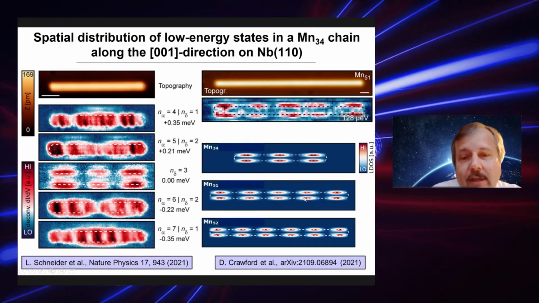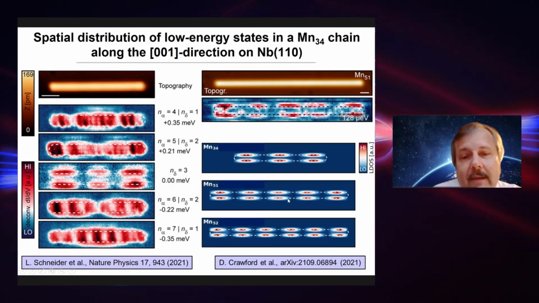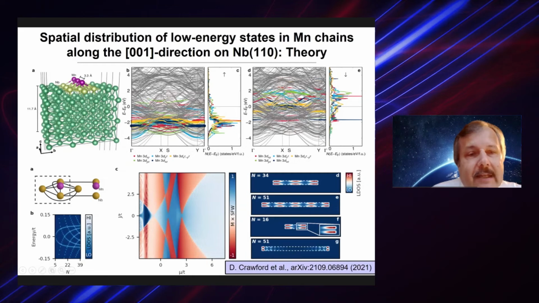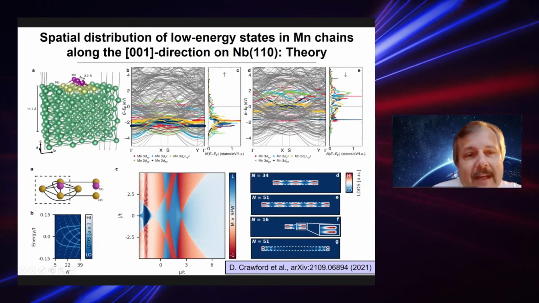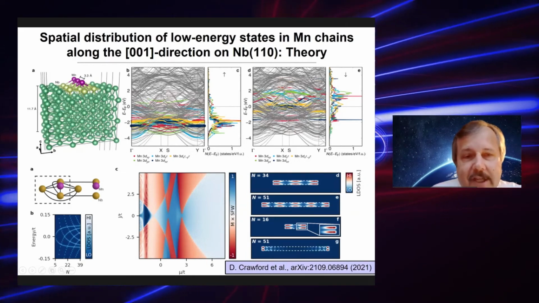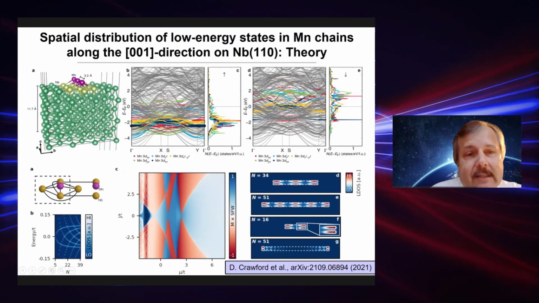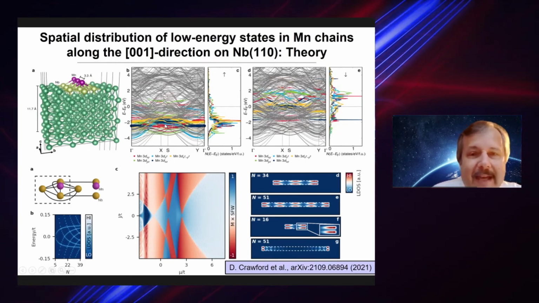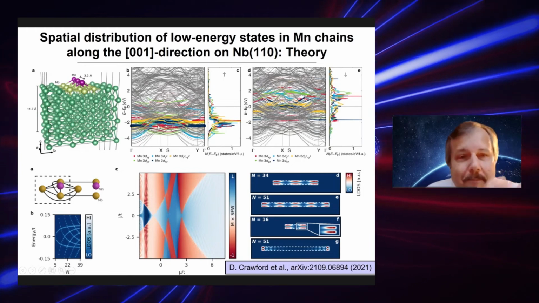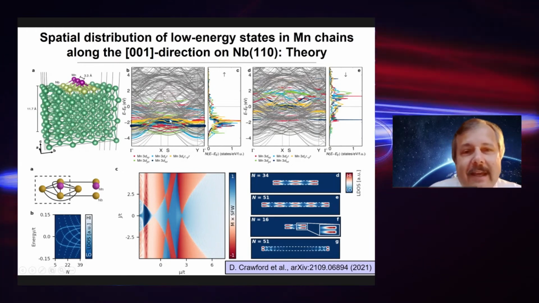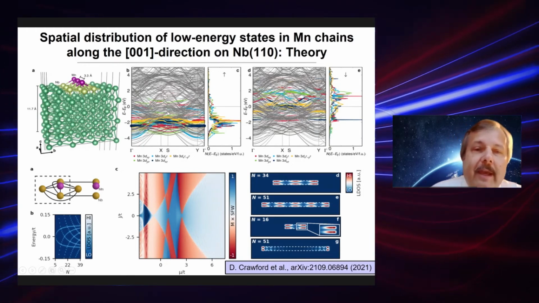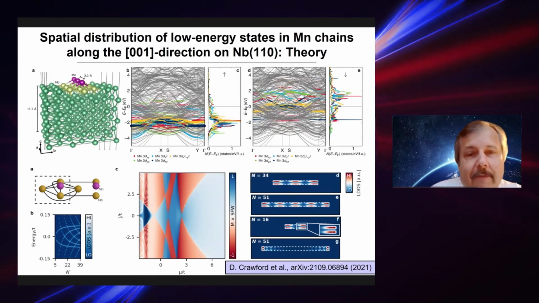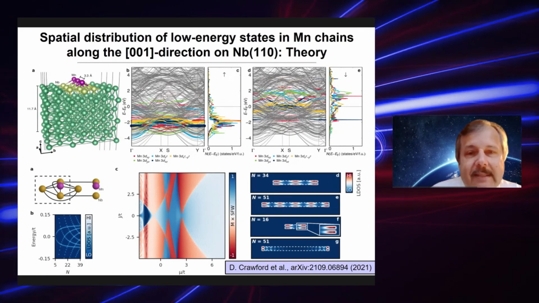What was done to arrive at this result was that we did very sophisticated ab initio calculations for manganese chains on niobium. That was done by Harald Jeschke. It's a huge task to calculate this because you end up, of course, with hundreds of bands. It's not just a one band model which applies here. You have to look at all the bands. But of course, for Majorana physics, only the low energy bands are decisive.